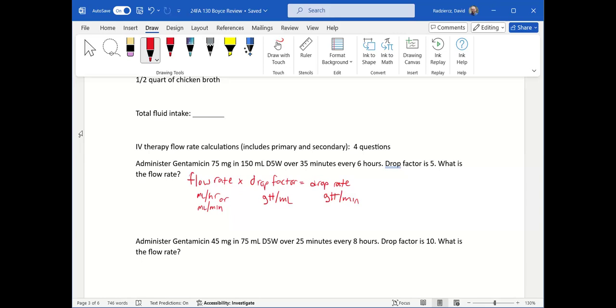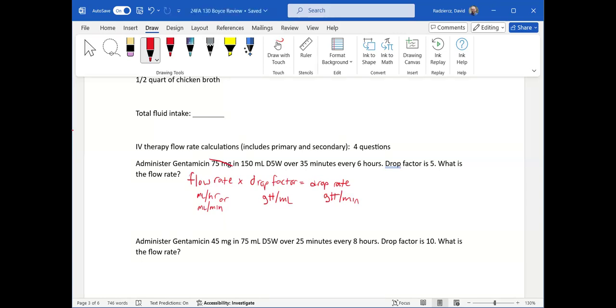Where it tells you 75 milligrams, that's important for the context of making sure you're administering the correct strength of the medication. But as far as calculating the flow rate, it does not factor into your calculation. One of the things I try to get students to recognize is that there is sometimes extra information listed in here that you can just ignore.